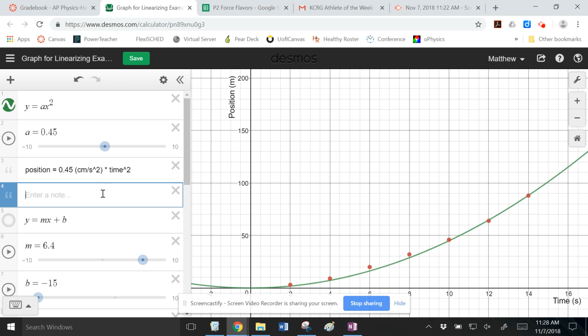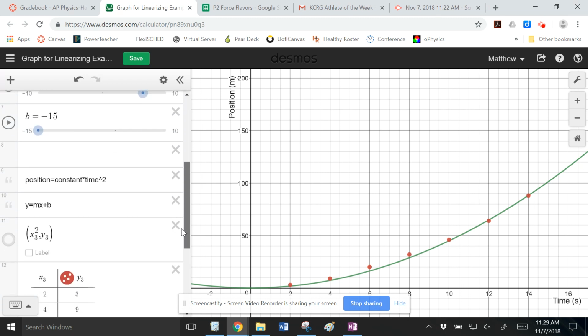And so what you basically just do is look at what the expression is and compare it to y equals mx plus b, okay? Position is the y, m is the slope, and x would be time squared, okay? So I'm going to tell this thing to plot position on the y, and I'm going to tell it to plot time squared on the x.